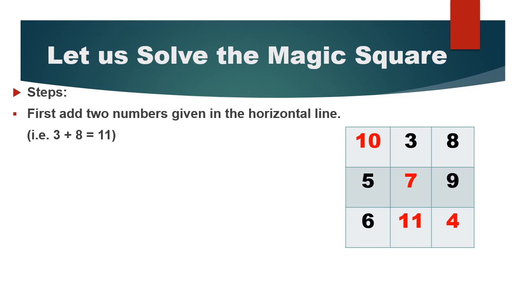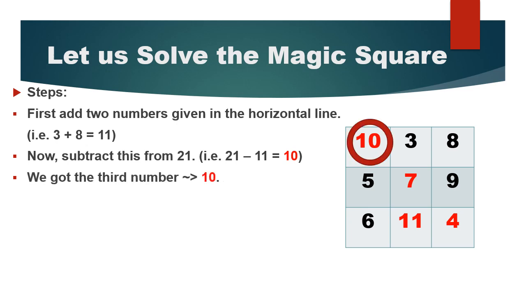So, we are going to subtract 11 from 21 and we will get 10. That is the third number of the first horizontal line. Now so simple.